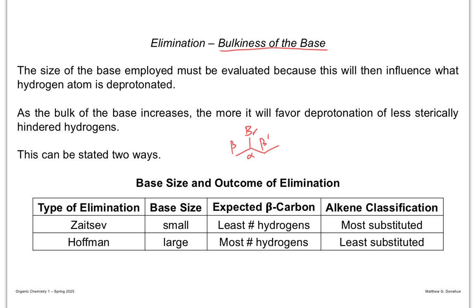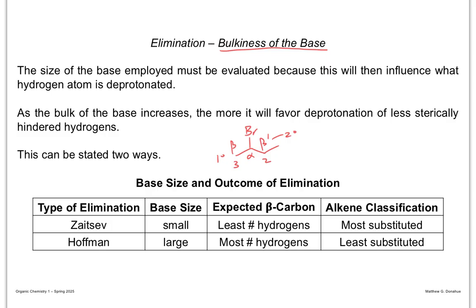Remember, we're only concerned about the hydrogens on the beta carbons. If we classified them by the number of hydrogens, that one had 3 hydrogens, that one had 2. Those were primary and those were secondary.